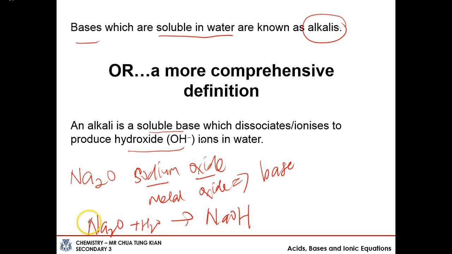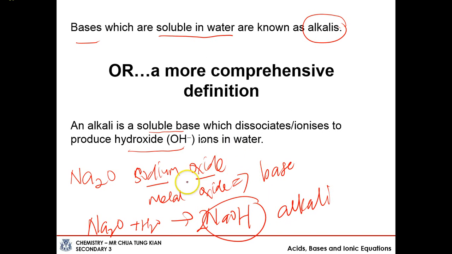We shall put a 2 here. 2 O's, 2 H's, 2 Na's, balanced. So because it can dissolve in water to give us NaOH, we call this an alkali.